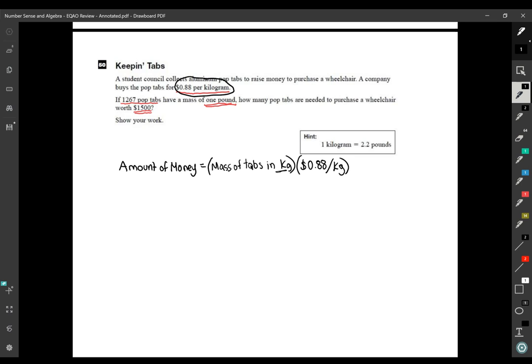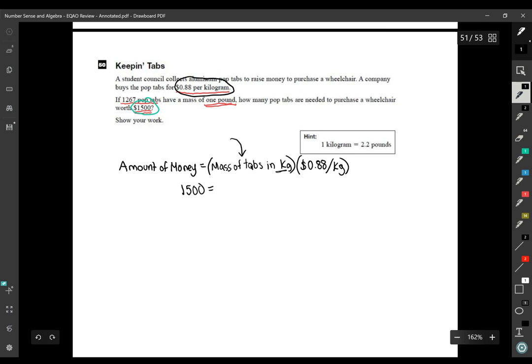What information do we know? Well, we know that they would like to raise this amount of money, $1,500. So I'm going to use that information to figure out how many kilograms of tabs I need to raise that amount of money. So for amount of money, I'm going to replace it with 1,500.